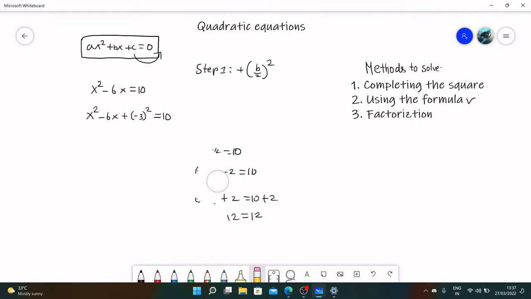You want to do the same in this case too. If you're going to add (minus 3) squared to one side, you need to add it to the other side without fail. So x squared minus 6x plus (minus 3) squared equals 10 plus (minus 3) squared.